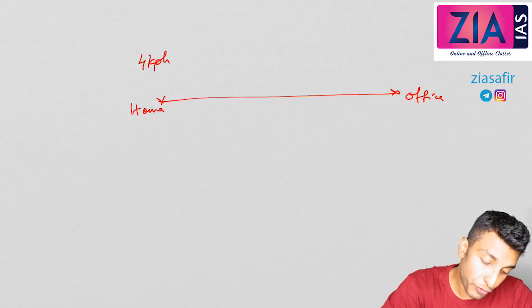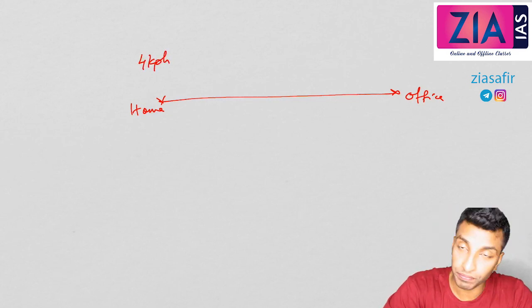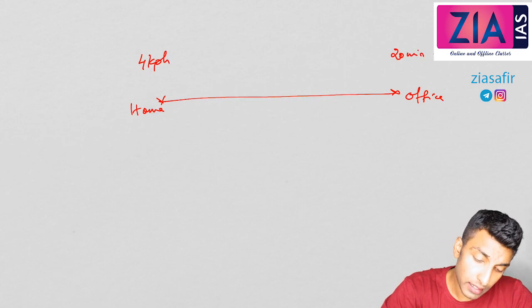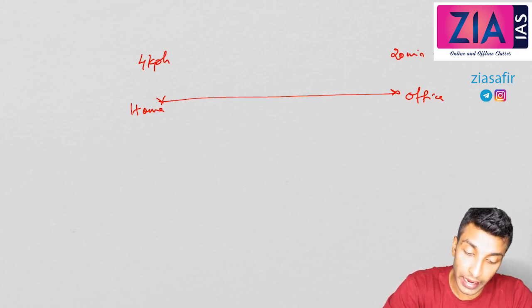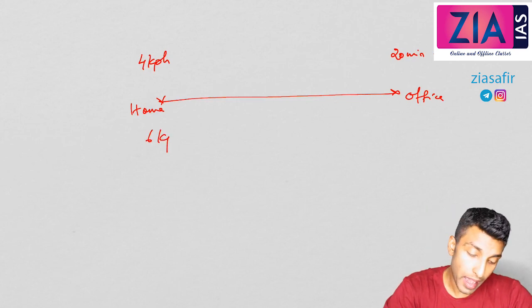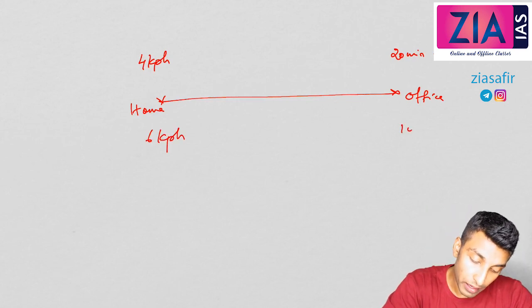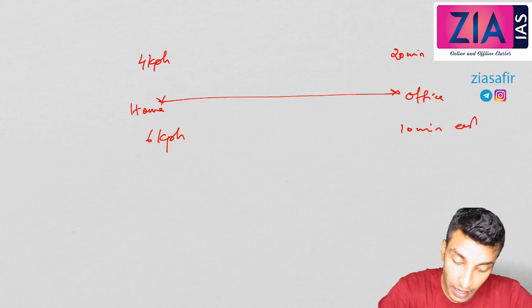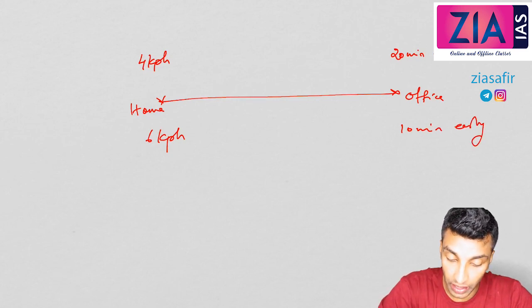So let's say if you travel at 4 km/h, you will reach 20 minutes late. This is a very classic question in CAT exams. And if you travel at 6 km/h, you are 10 minutes early.